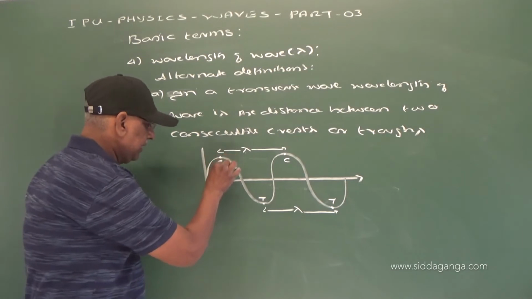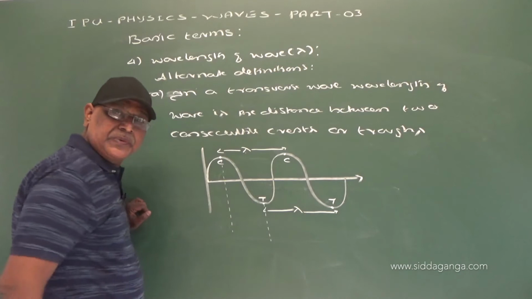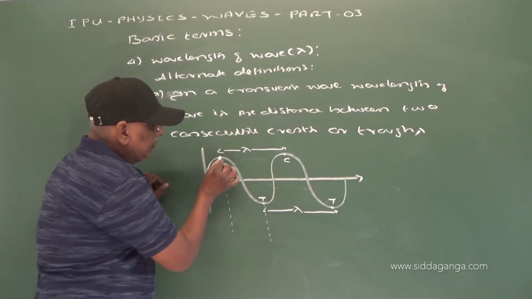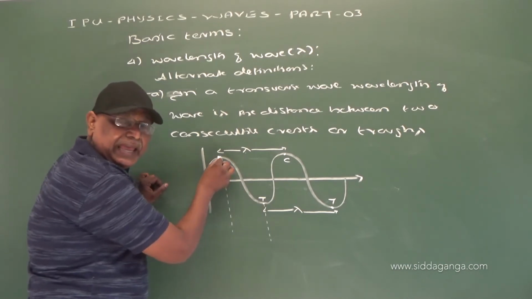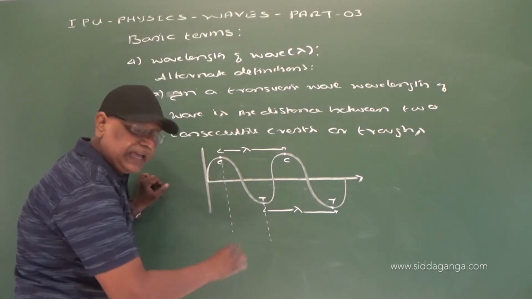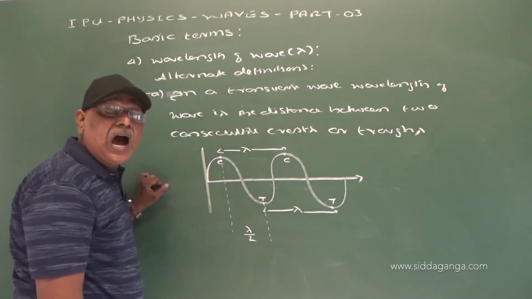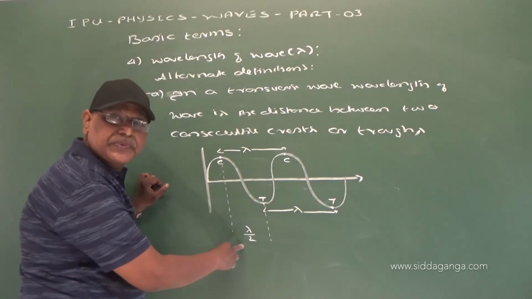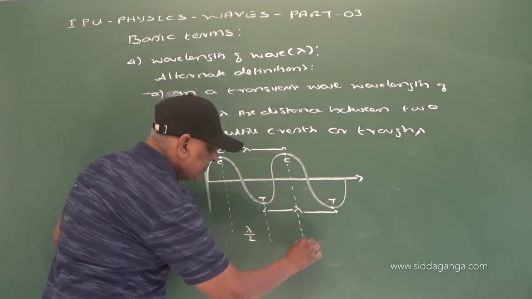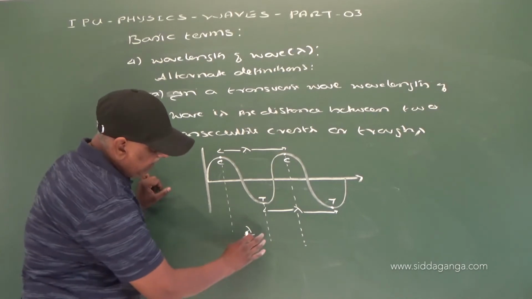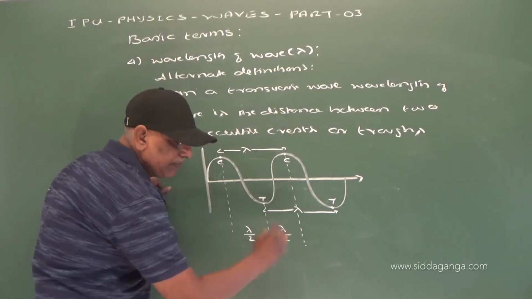Now, this is additional information I am giving here. From the figure, the distance between a crest and an immediate trough is equal to half of the wavelength. And again, the distance between a trough and an immediate crest is lambda by 2.